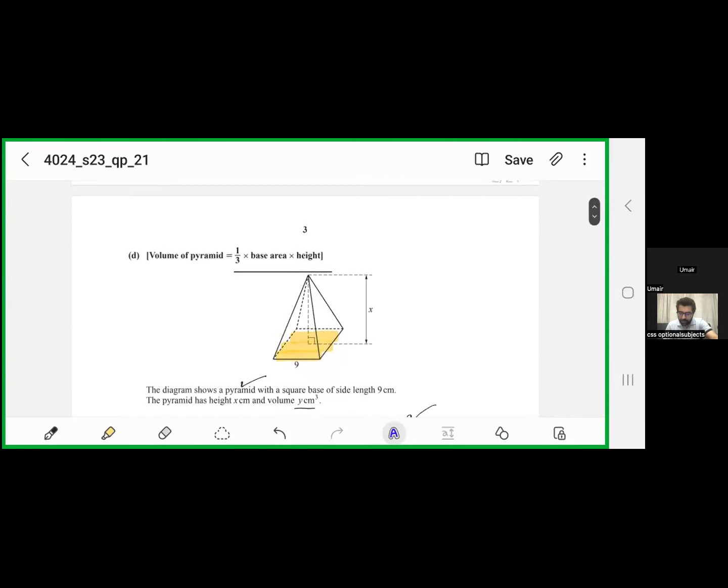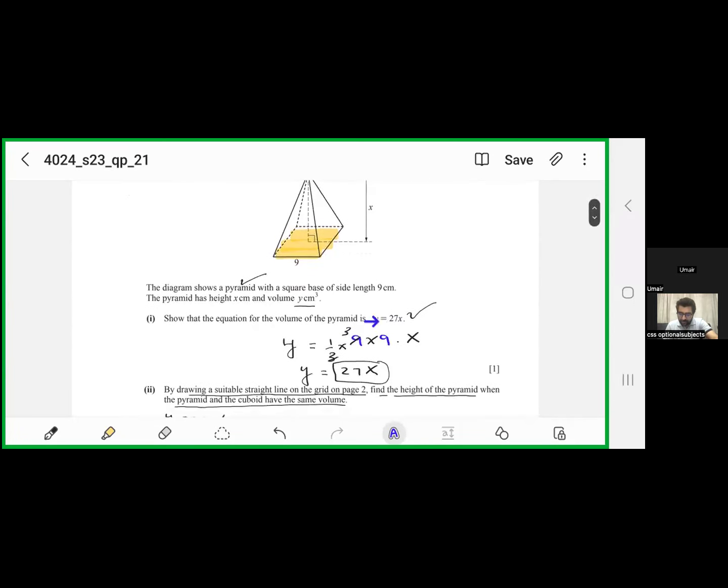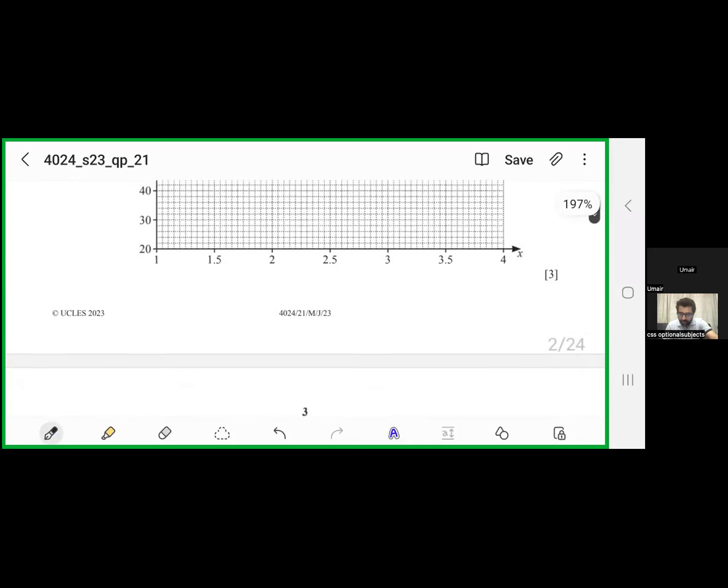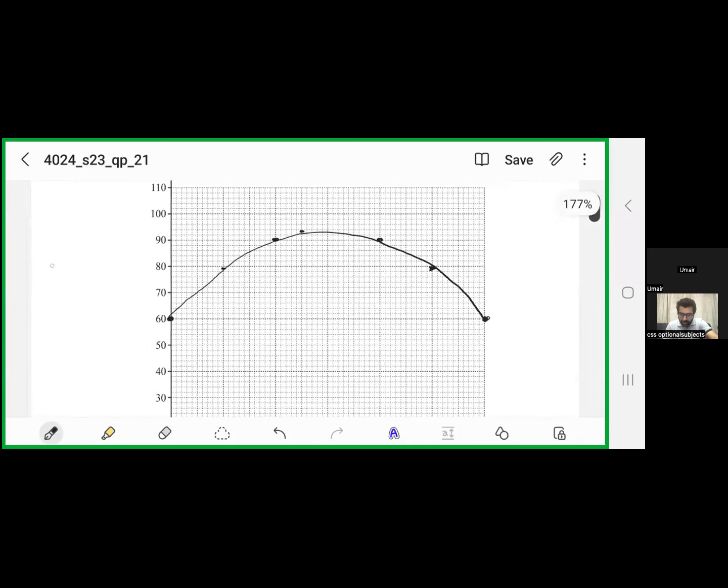So let us plot this line y is equal to 27x, which represents volume of pyramid, on page number 2 on this grid. We have to draw y is equal to 27x, where x will be equal to 1 to 4. So when x is 1, y is 27.